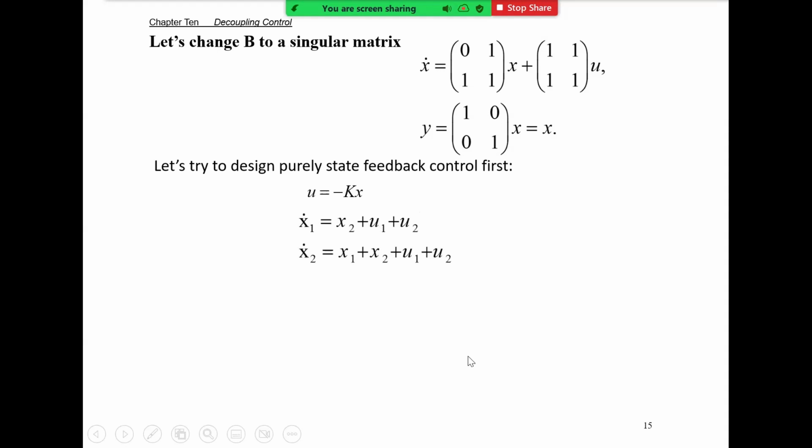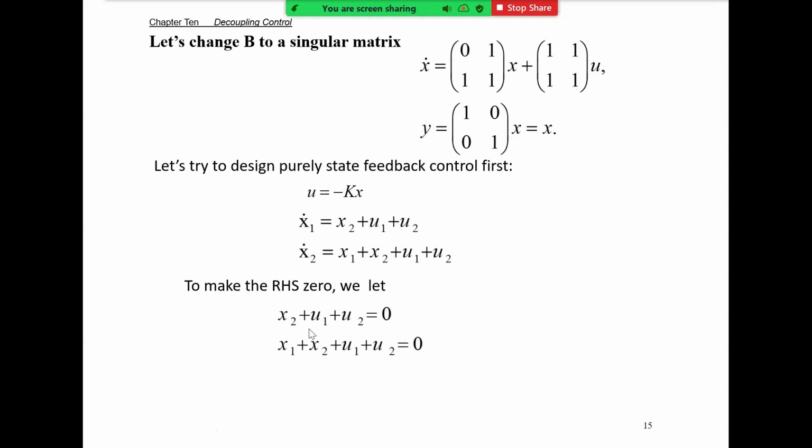Then what we want to achieve is that we want to find U1 and U2 to satisfy those two equations. If you look at those two equations, is it possible to get a solution? Easily you can say no, because this one has U1, U2, this one has U1, U2, but this one is X2, this one is X1 plus X2.